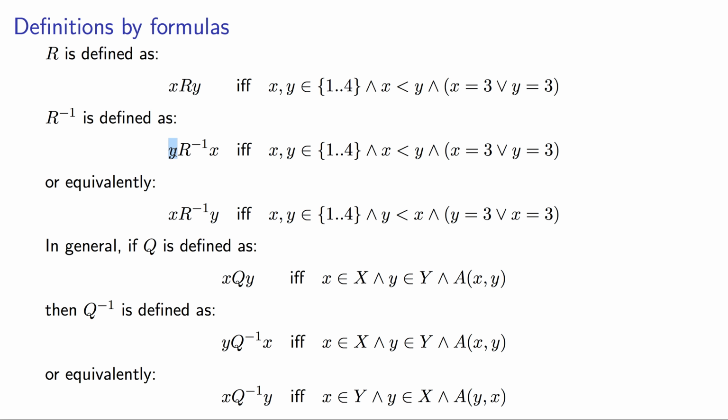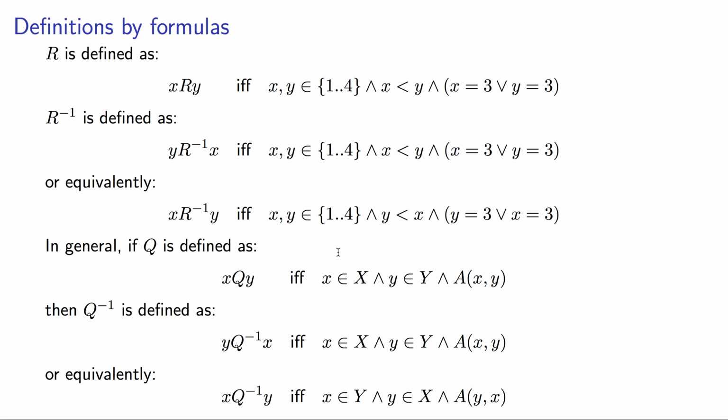So a Y has been replaced by X, and X has been replaced by Y. Then this part really doesn't change because X and Y play symmetrical roles. Here X is on the left hand side, it goes to the right hand side, and so on.